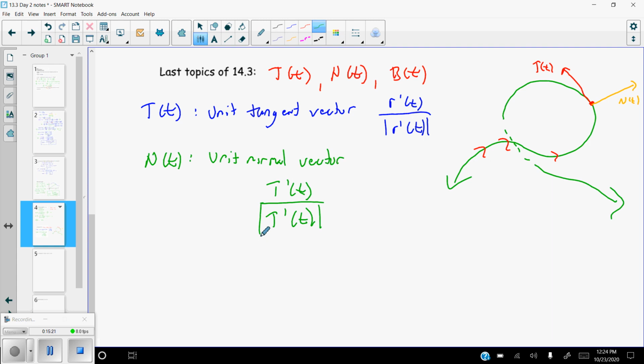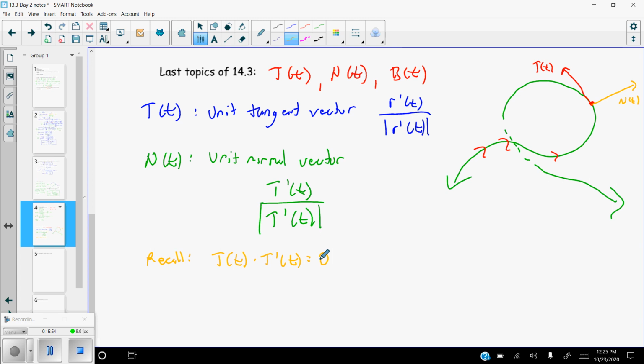Okay, and we're going to recall that the unit tangent vector dotted with its derivative is 0 because they are perpendicular to each other.